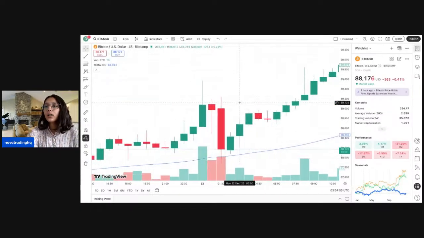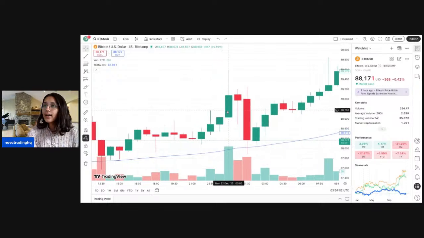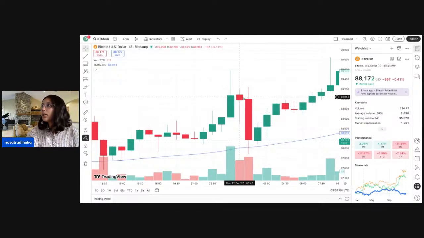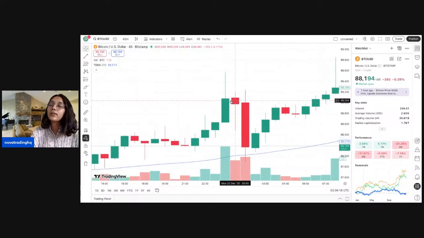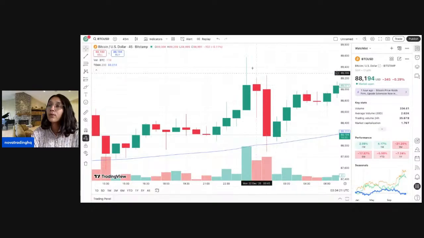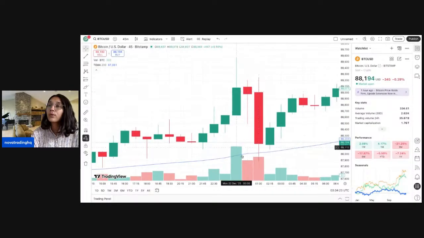So the key idea is we will start our analysis with the past 24 hours. I have set the time frame to 45 minutes. It means every candle represents 45 minutes of behavior.